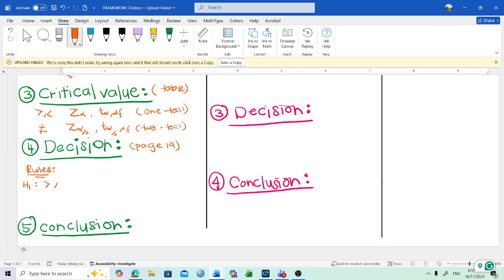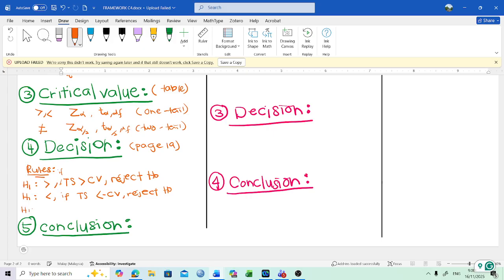If the alternative uses the greater than symbol, so TS greater than CV, then we reject the null hypothesis. This is the rule. If TS is greater than CV, then we reject the null hypothesis. If the alternative hypothesis uses the less than symbol, then the rule will be: if TS is less than CV, then reject the null hypothesis.